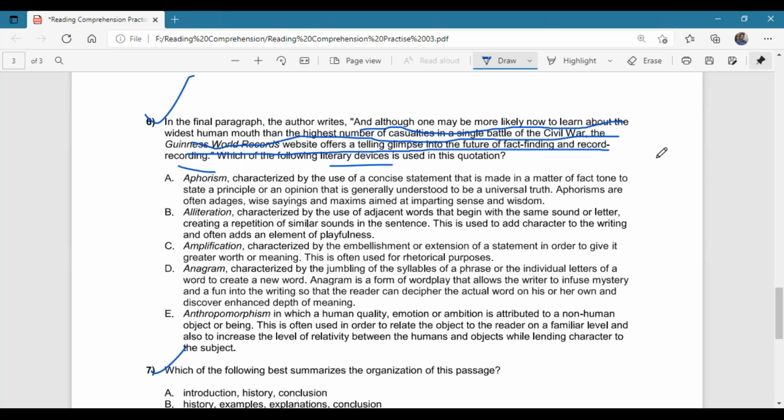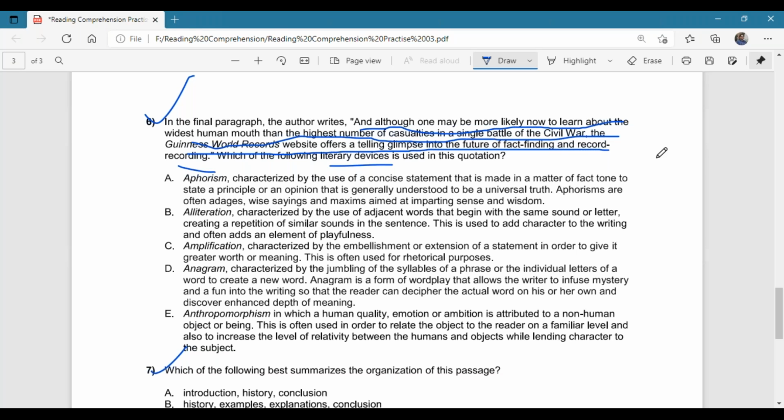Easy to guess. Future of fact finding and recording. F, F, and R. Guess the right option.